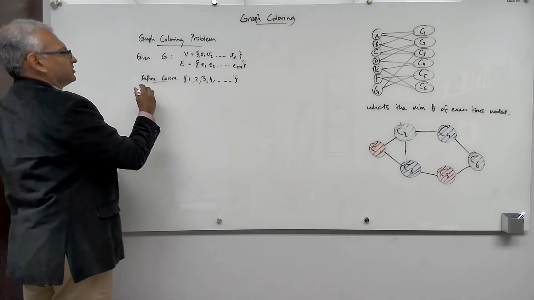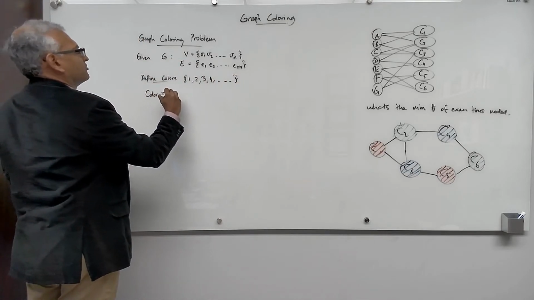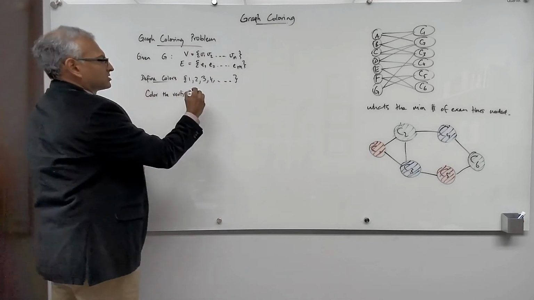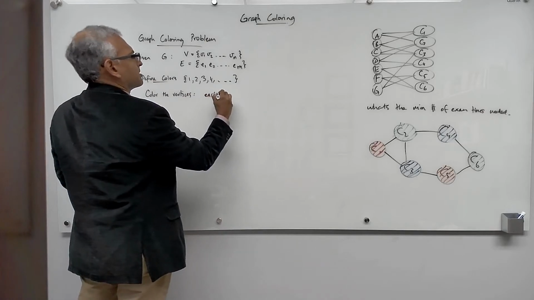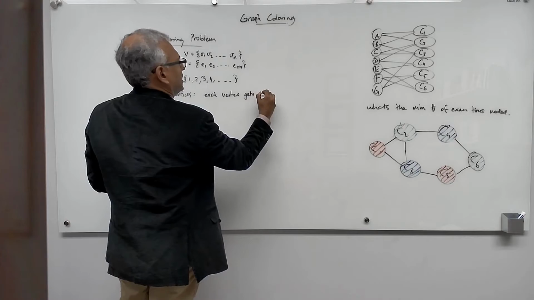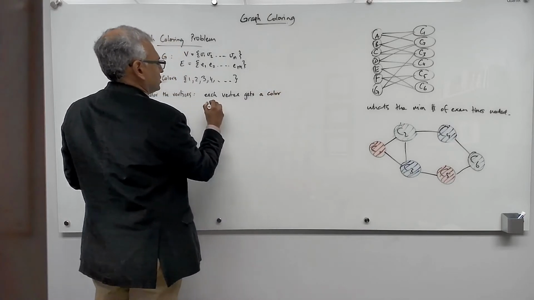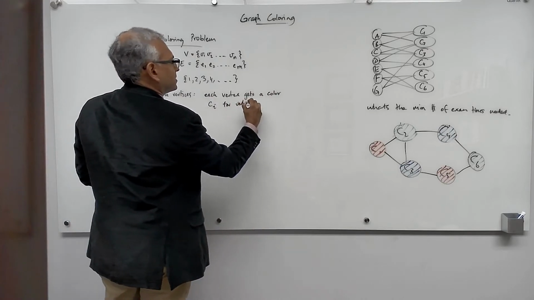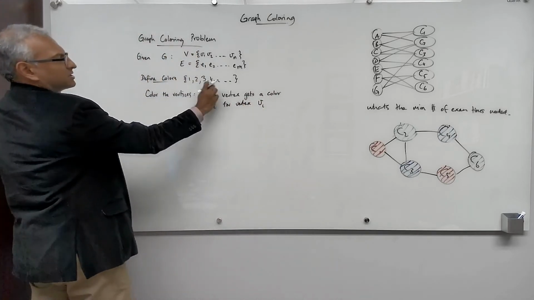Okay, now color the vertices. That means assign a color to each vertex. So each vertex gets a color. Let's call it C sub I for vertex V sub I, and C sub I is a number.